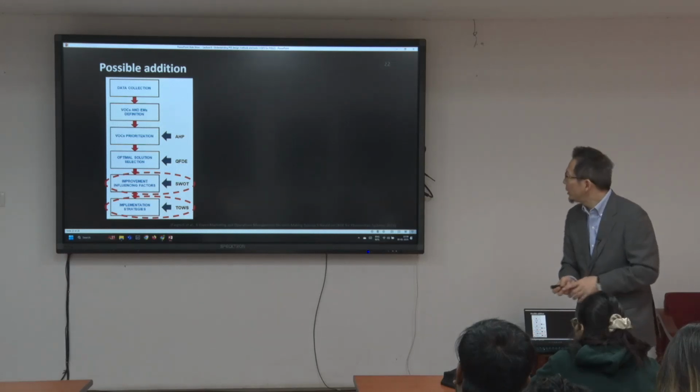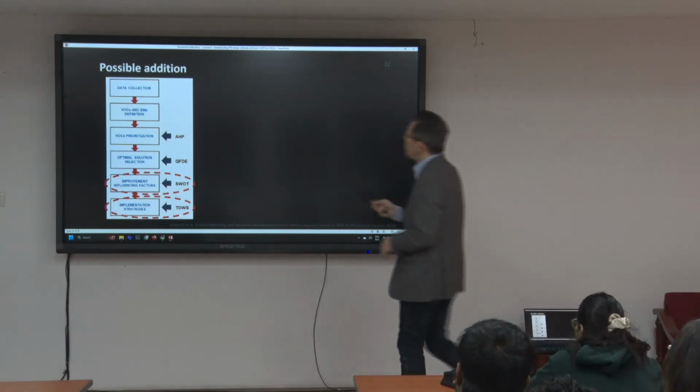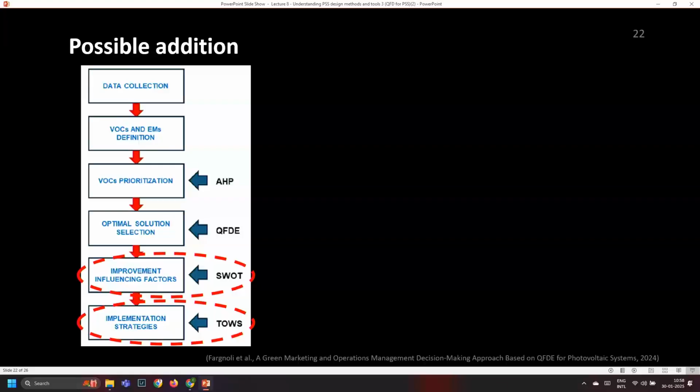Another case is taken from another research group. They use, again, another variant of QFD. E stands for environment, QFD for environment. It's a variant of QFD. So the message here is the outputs of QFDE were effectively used for the SWOT analysis, which is very popular in industry, supporting strategic decisions of a given organization.